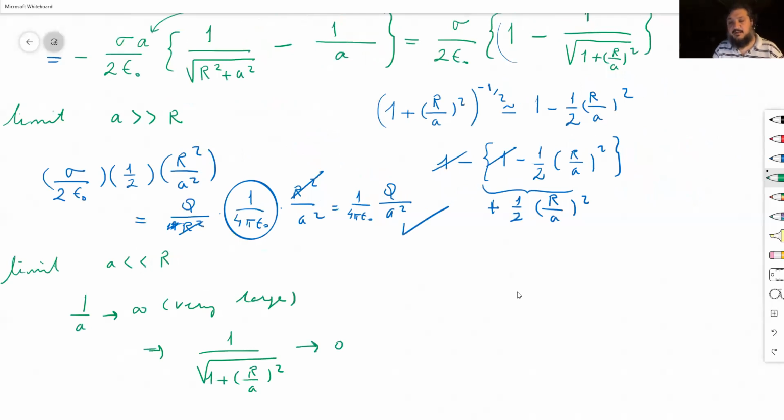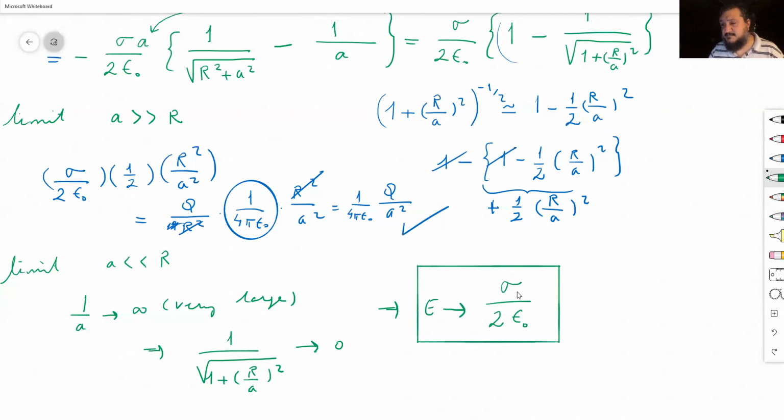If the denominator is huge, it goes to 0. Therefore, the electric field goes to sigma over 2 epsilon 0. Now, this is probably the craziest result we've ever got today. Why? Because it doesn't depend on A, okay? This does not depend on A.